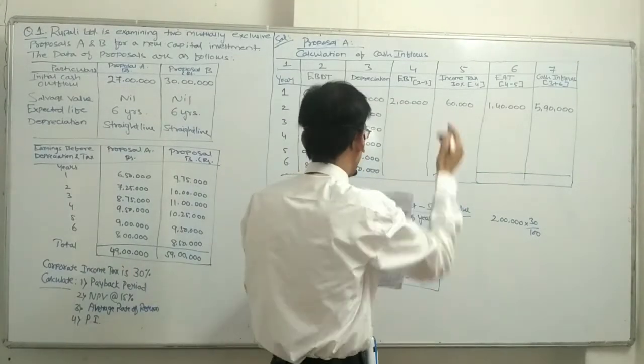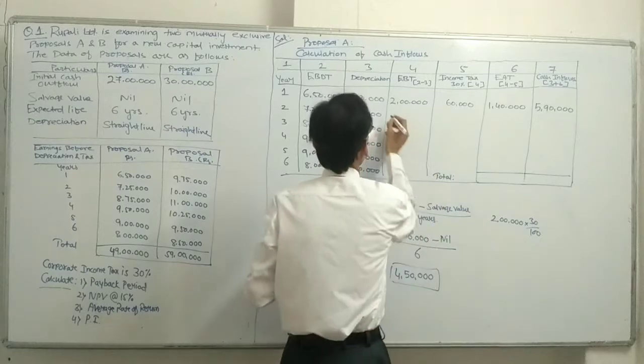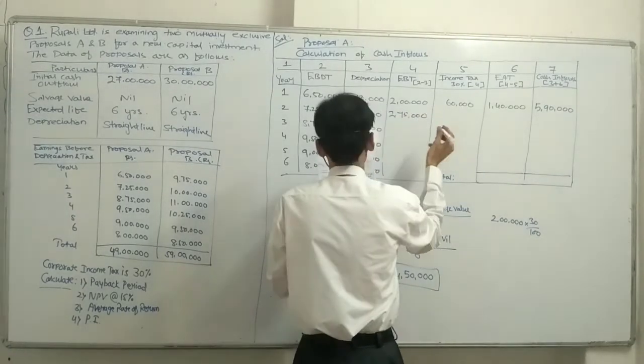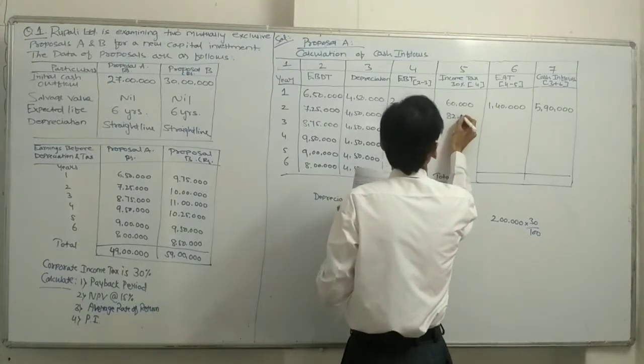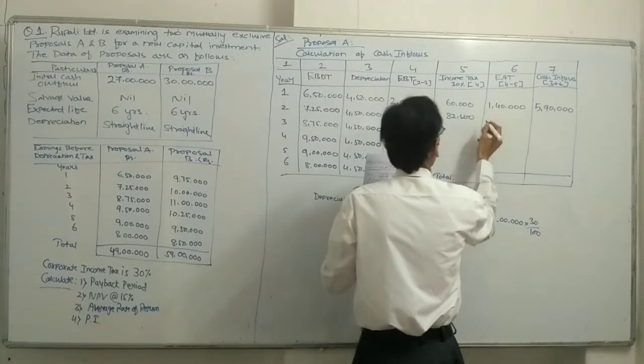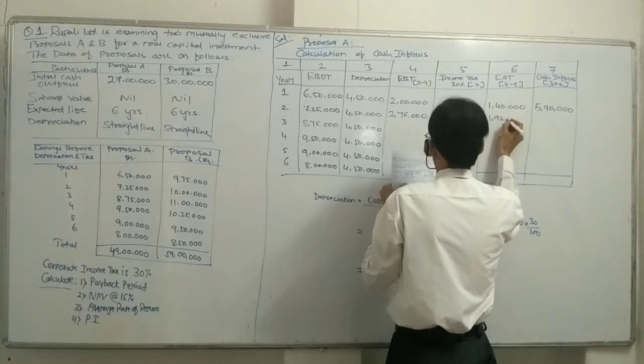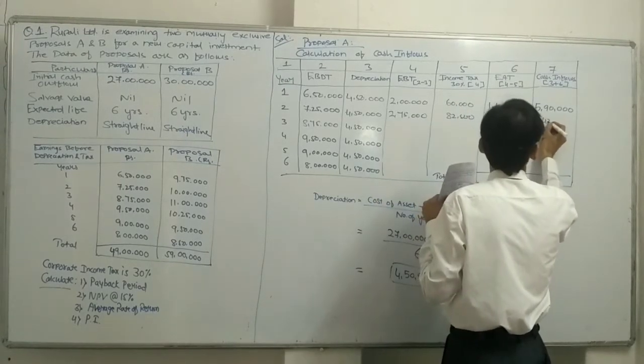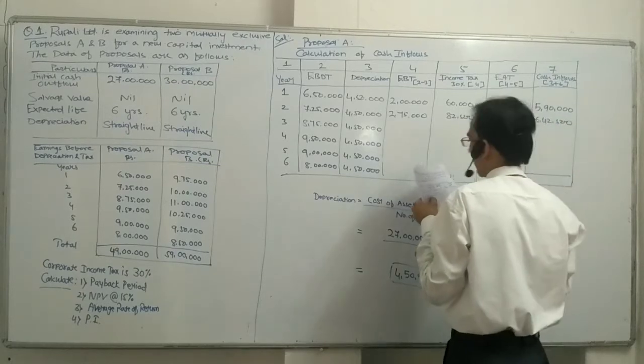Now, I will write down the amounts for second year. EBT 2,75,000, tax 82,500, earning after tax 1,92,500, next cash inflow 6,42,500.